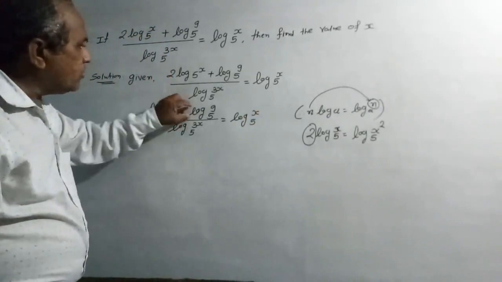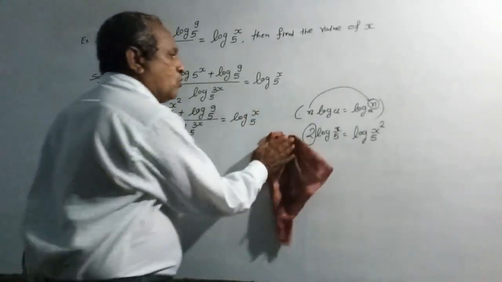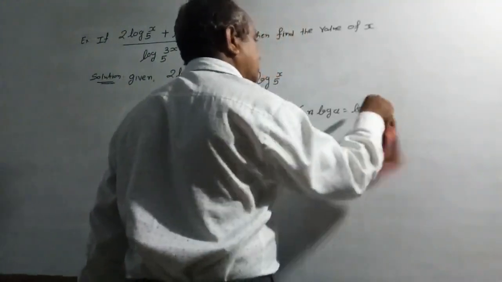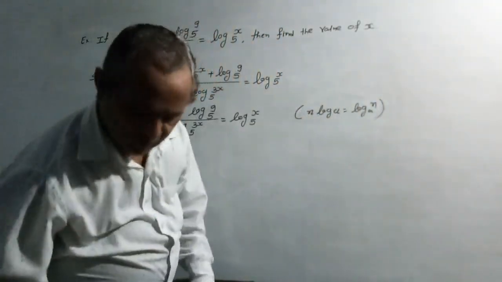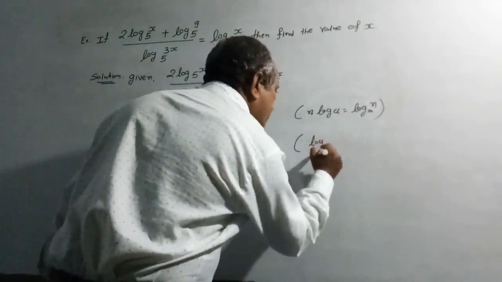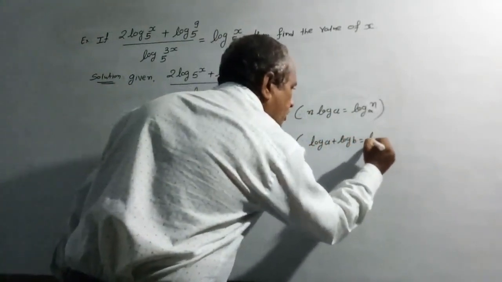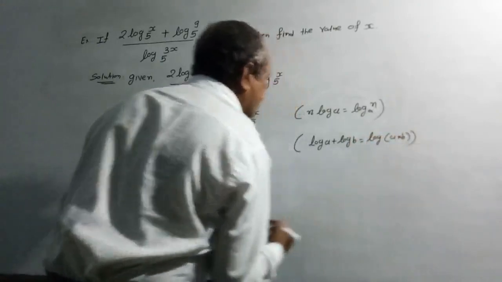Now base 5 is common in the numerator. Our formula is log a plus log b equals log of a multiplied by b.